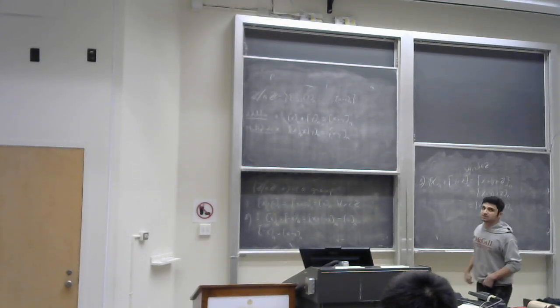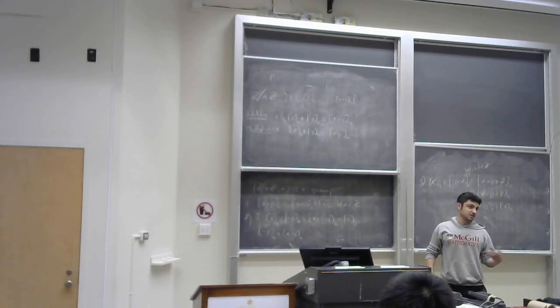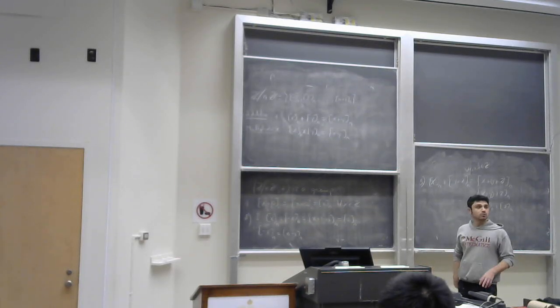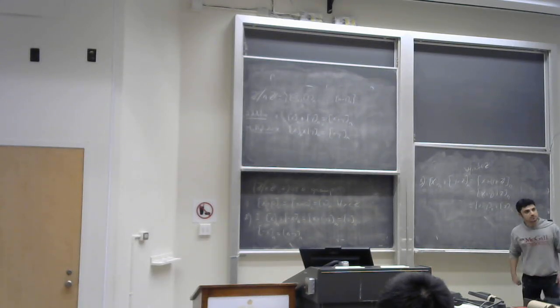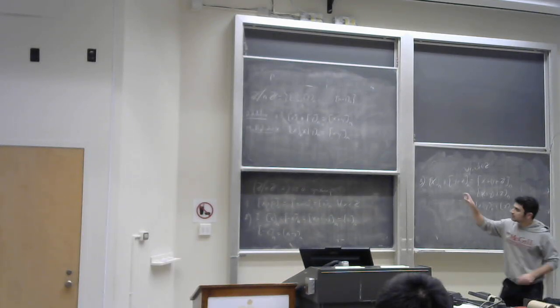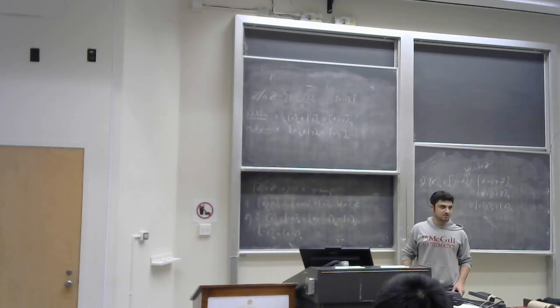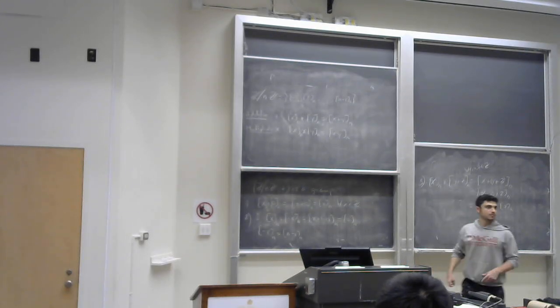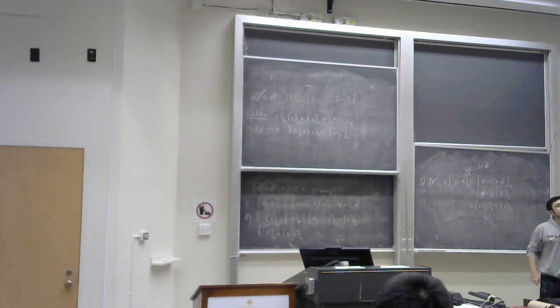Now give me a number congruent to 1 mod 5: 6. A number congruent to 4 mod 5: 9. 6 plus 9 will also give you 0. So whatever x you choose, as long as they're in the same equivalence class, the answer will be the same.